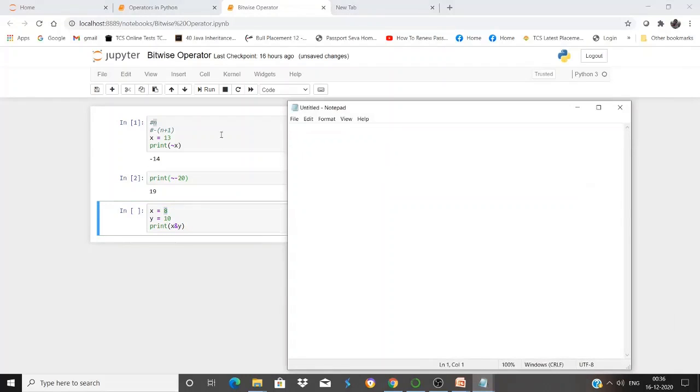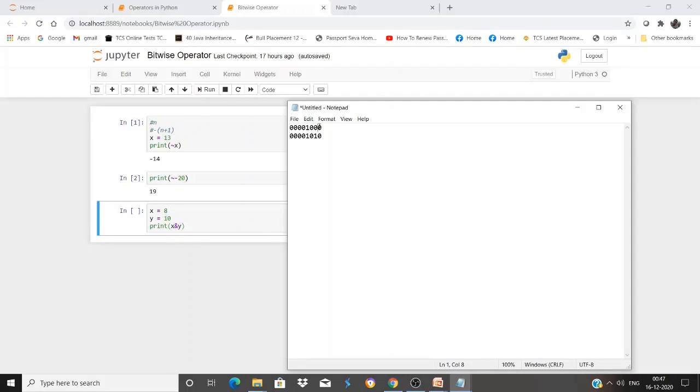So let's do that. What is the 8-bit binary representation of the decimal number 8? It is 0 0 0 0 1 0 0 0. And what is the binary representation of 10? 0 0 0 0 1 0 1 0.